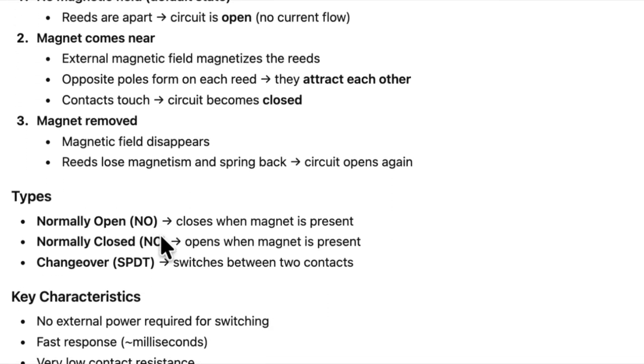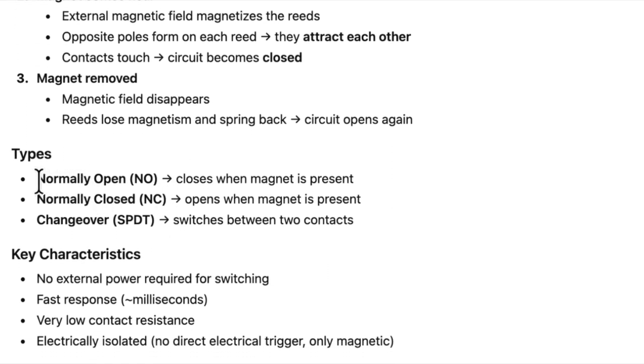So this is important to know: there are three types of magnetic switch in the market. It's a kind of state, but there are mainly three types. One is the normal open condition, and the second is the normal closed condition.